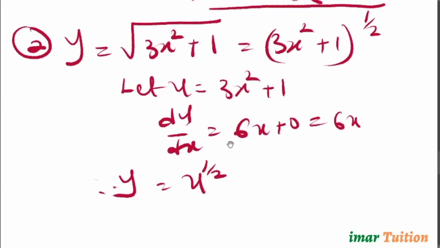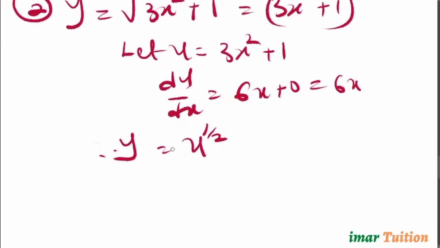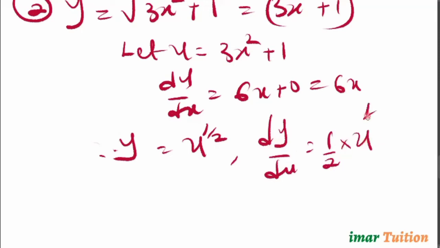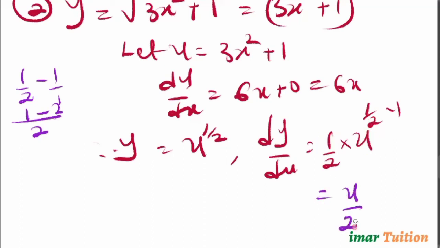Then to find dy/du, dy/du is equal to 1/2 times u raised to power 1/2 minus 1. Quickly on this side, 1/2 minus 1/1, LCM is 2, that is 1 minus 2, that gives you minus 1/2. So we have 1/2 times u raised to the power minus 1/2.